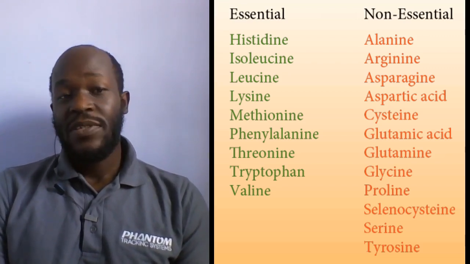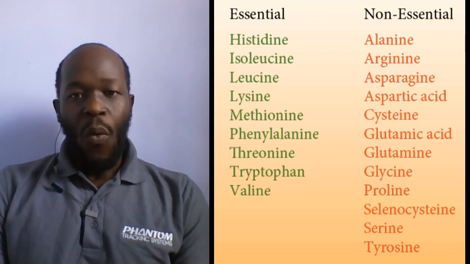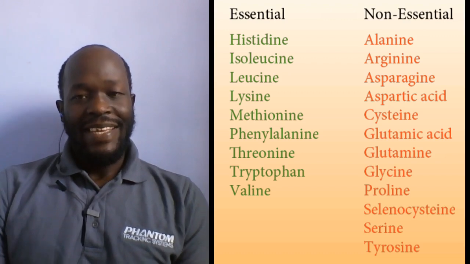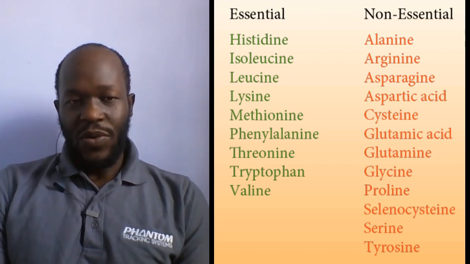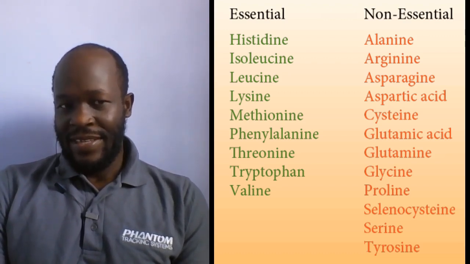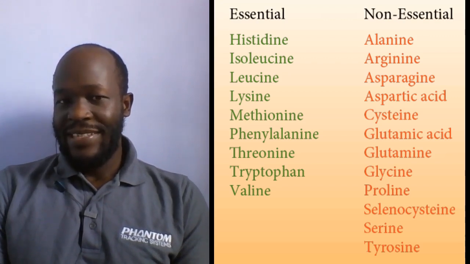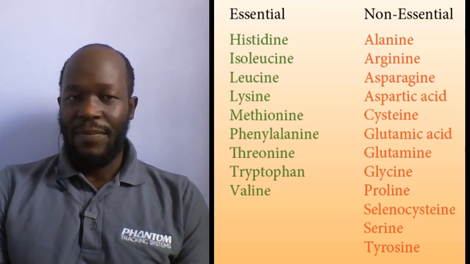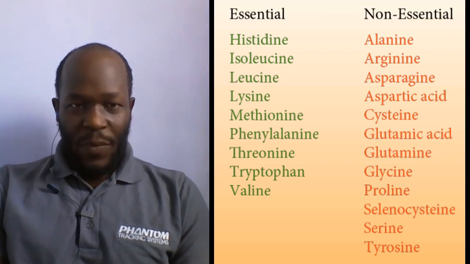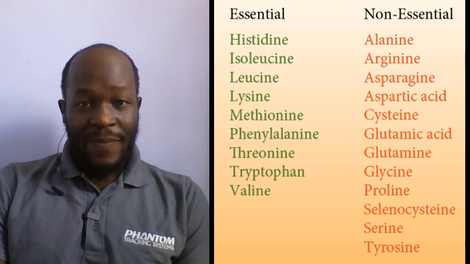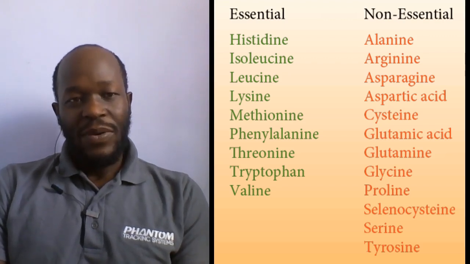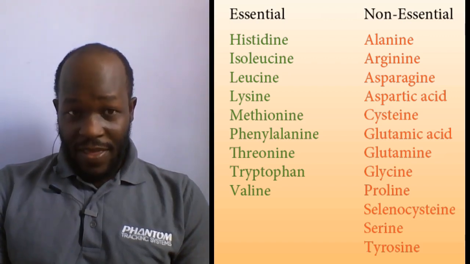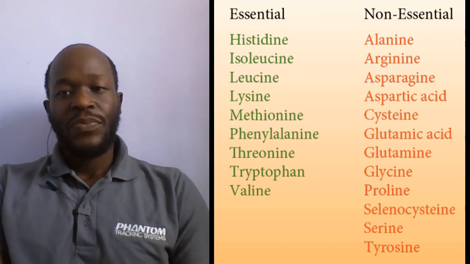Non-essential amino acids are made by the cells of the body, so you don't have to take them in meals. The essential ones have to be in the diet because the body cannot produce them.